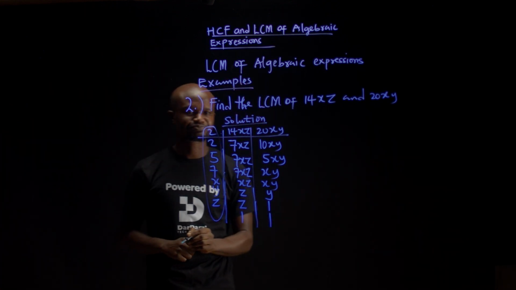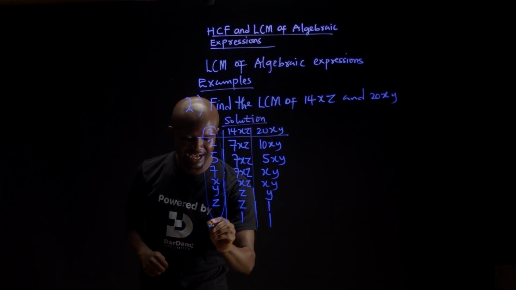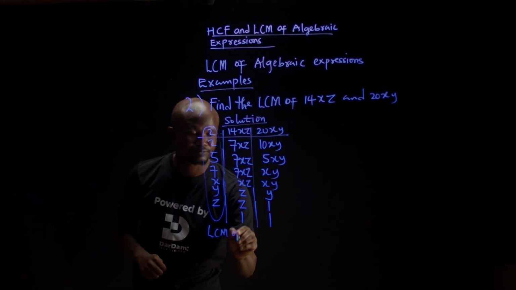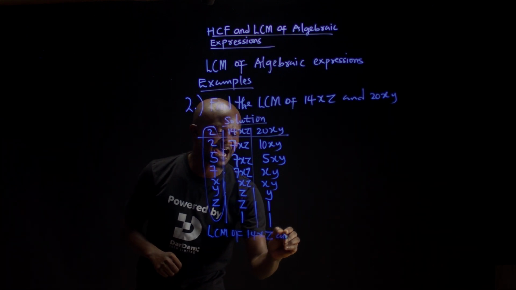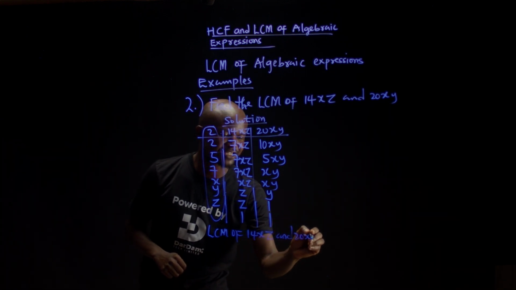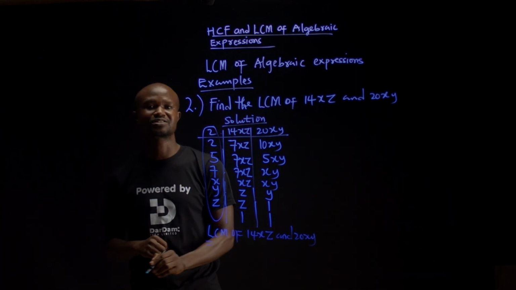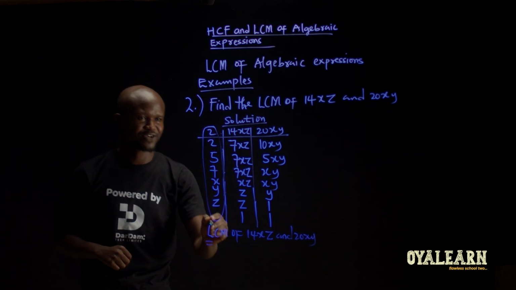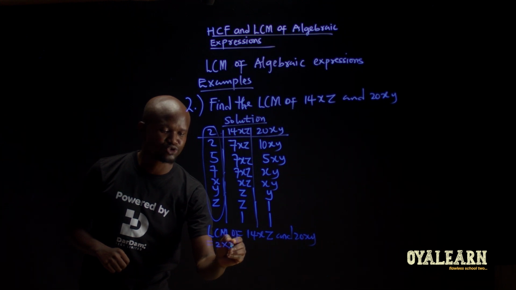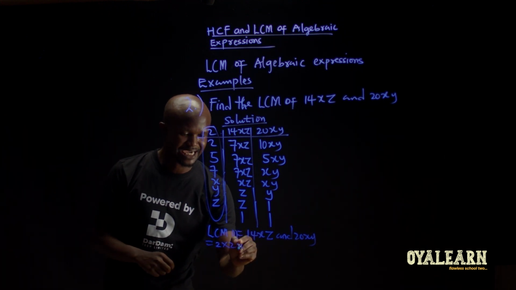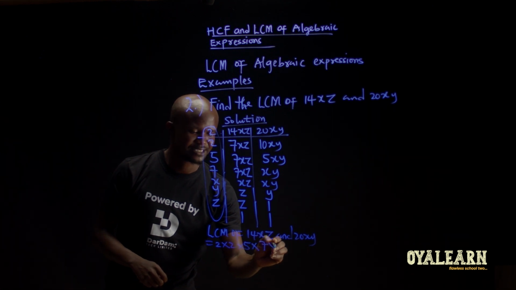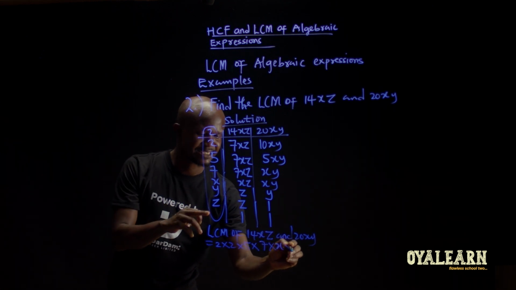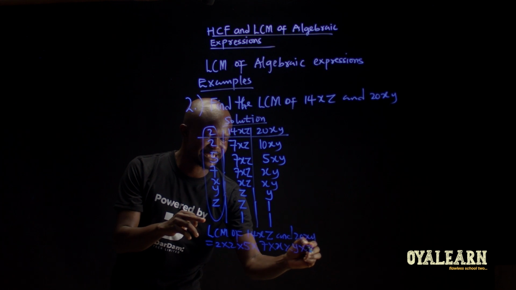So, now, let's have our answer. LCM of 14xz and 20xy will be equal to what? Now, what we have here, that's 2 times 2, then times 5, then times 7, then times x, then times y, then times z.